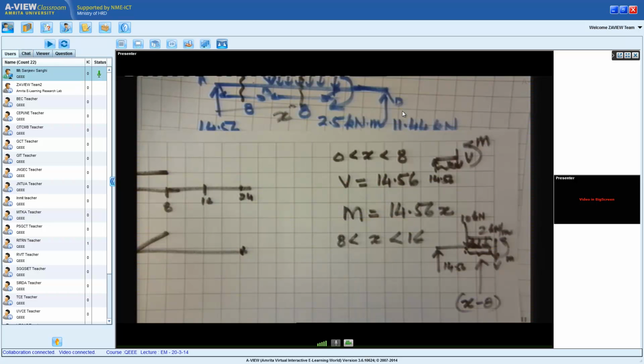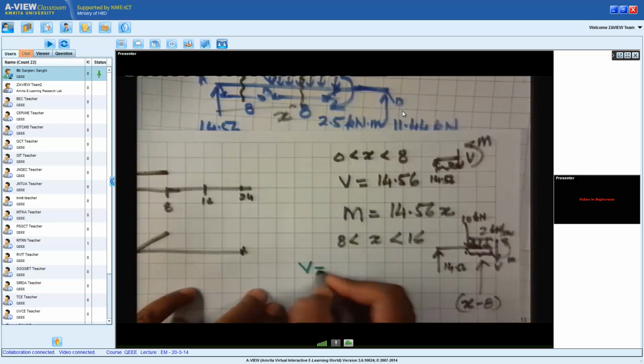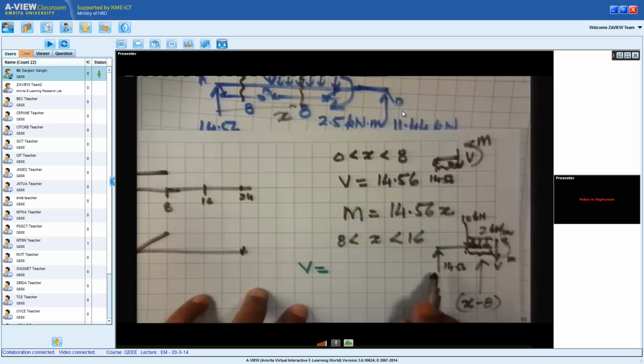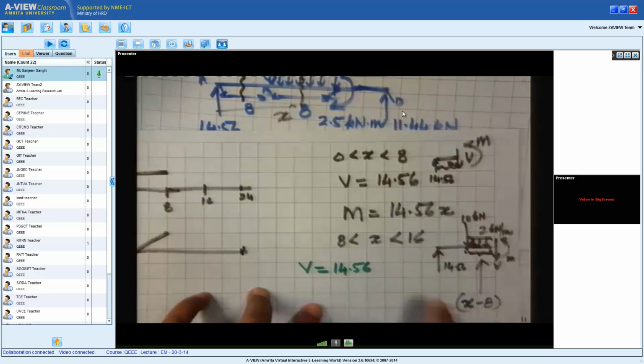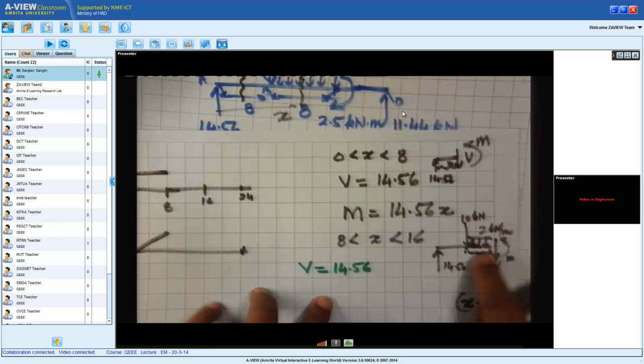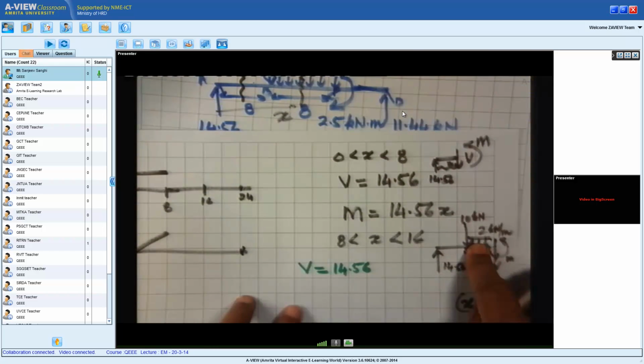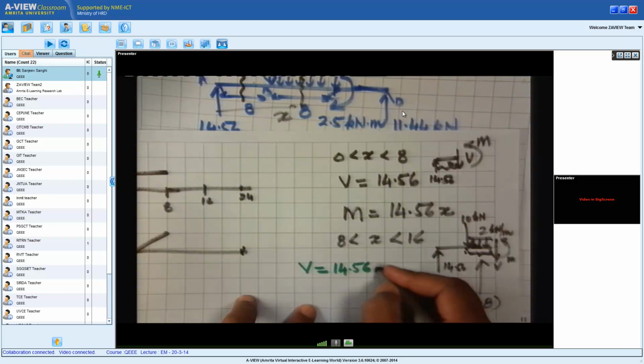Now let me start writing the expression for shear force. First I have this 14.56, which is positive. Now in this section I see a 10 kilonewton force which is downwards. So I get a contribution of minus 10.